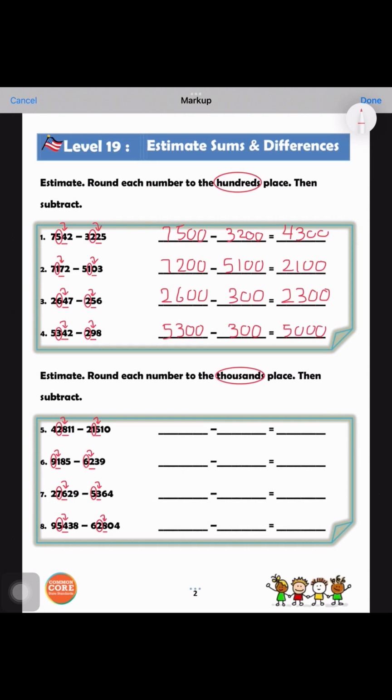So next part, we need to estimate and round each number to the thousands place. So we should take a look at its hundreds place. For question 5, after considering its value in the hundreds place, it becomes 43 thousand minus 22 thousand.